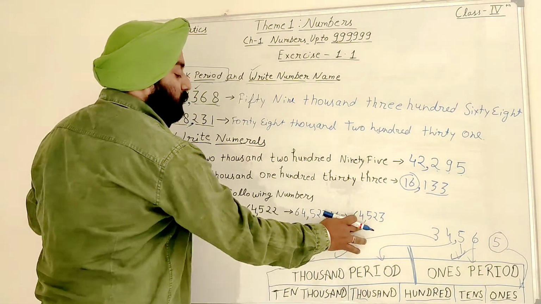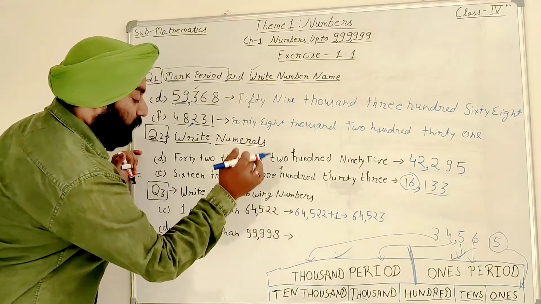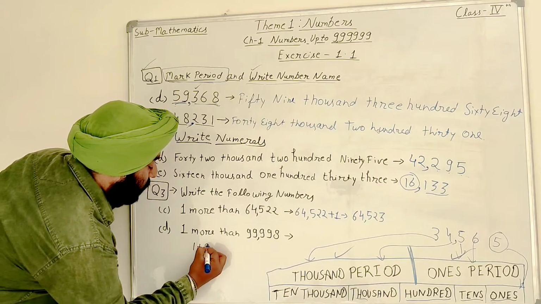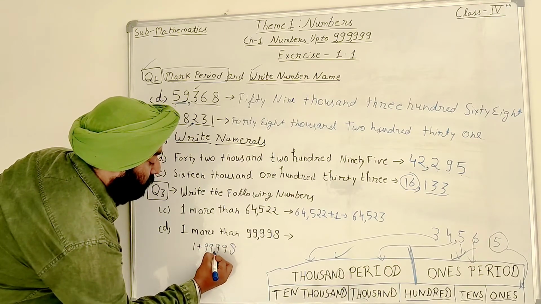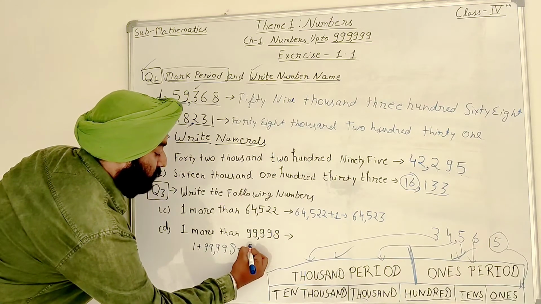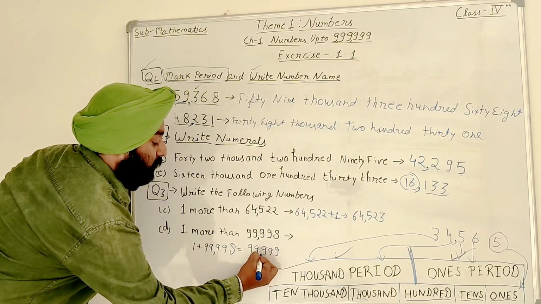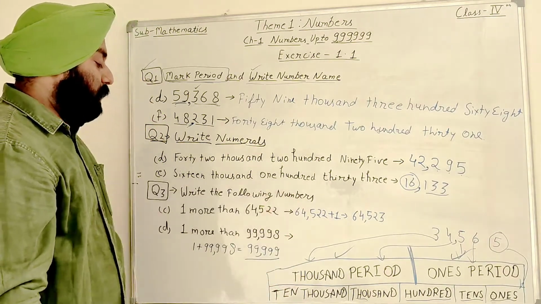Other numbers are the same. Next is 1 more than 99,998. 1 plus 99,998, the answer is 99,999, and that is the largest 5-digit number.